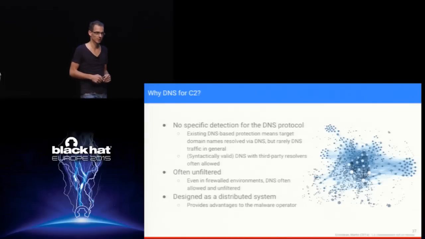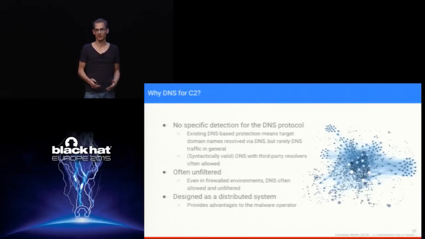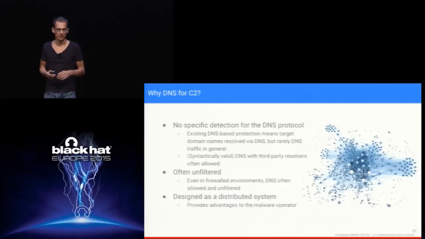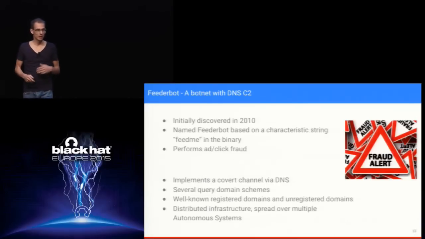And from the perspective of a malware operator, DNS has a few advantages, and one of those being that it is designed as a distributed system. And that provides an advantage to the malware operator because distributed systems are typically much harder to take down than a centralized one.